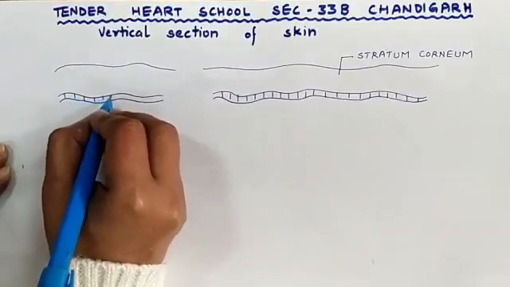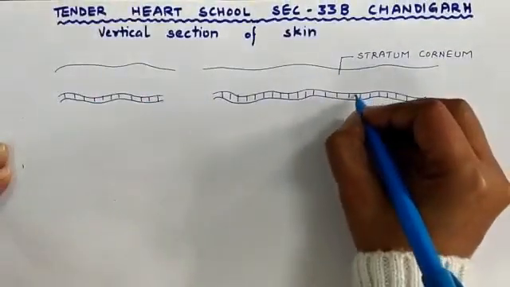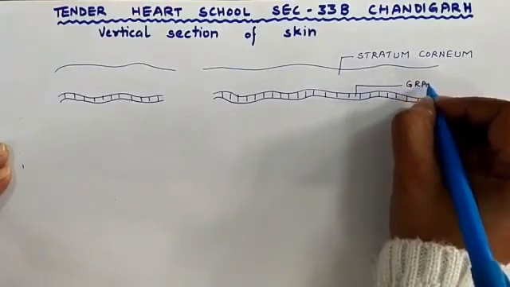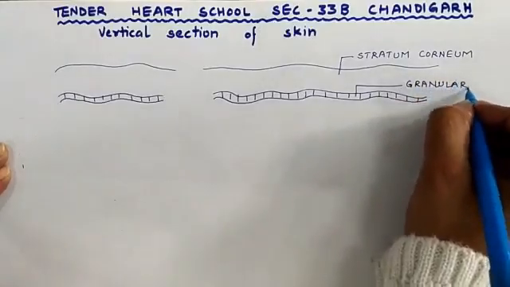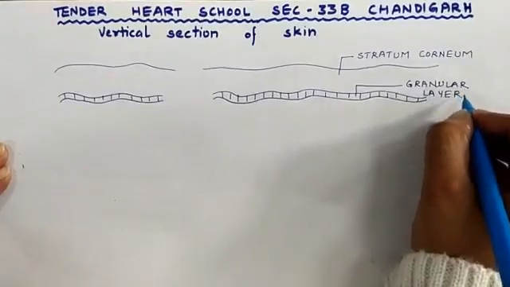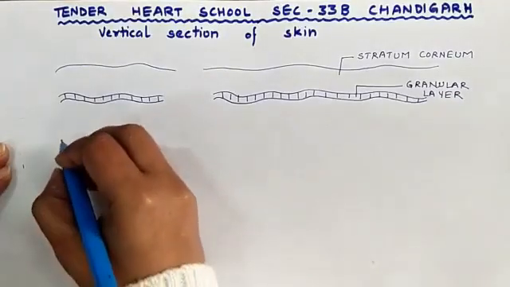So let us just label this one also. This is our granular layer. Now let us go further.